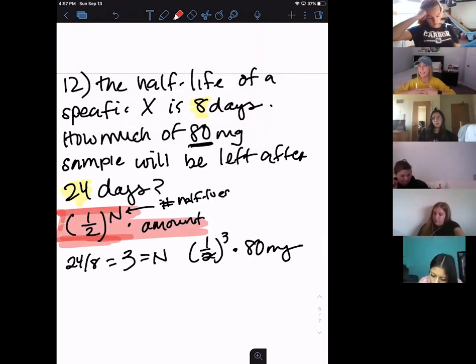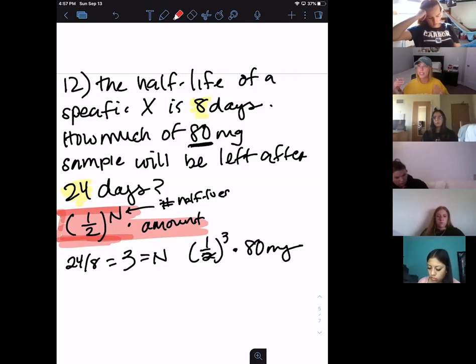If you have something that has a half-life of 8 hours or 12 hours, and you want to know how much of a certain dose is left in the body after 24 or 48 hours, you'll just take the 48, divide that by the 12, which is the half-life, and that'll give you the number of half-lives. So there are 4 12-hour half-lives in a 48-hour period. In this case, there are 3 8-hour half-lives in 24 hours.